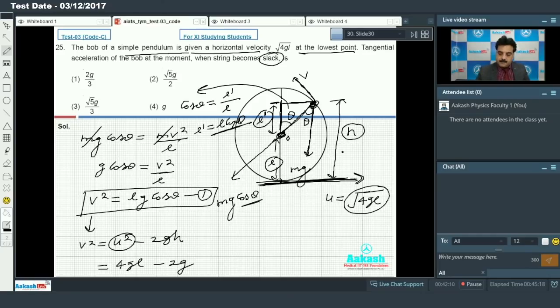So we can replace the value of h by L plus L cos theta. If I take L as common, we'll write L times 1 plus cos theta. So this is the value of height and this is v square. We'll continue on the next page.